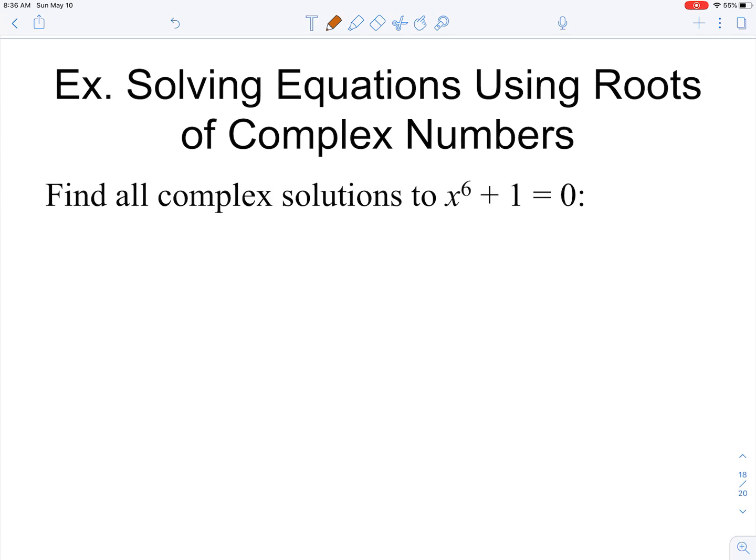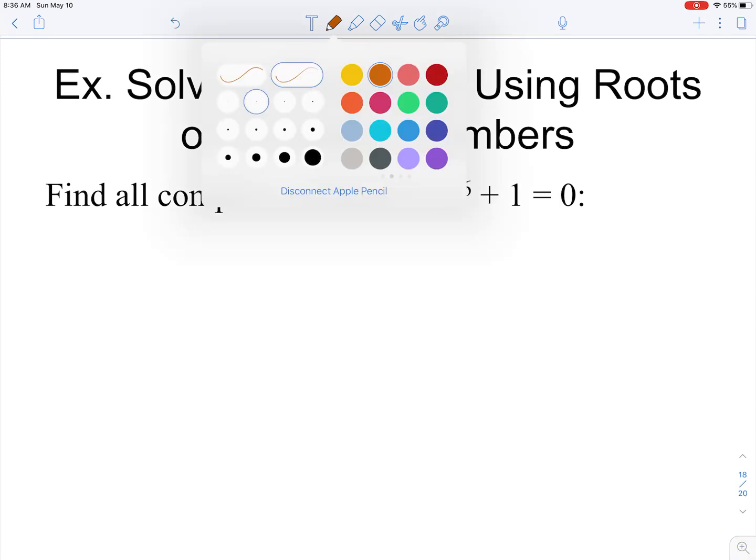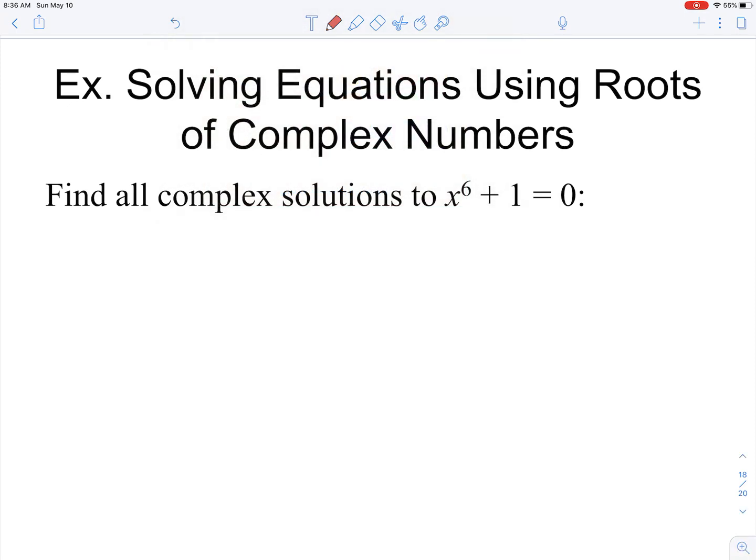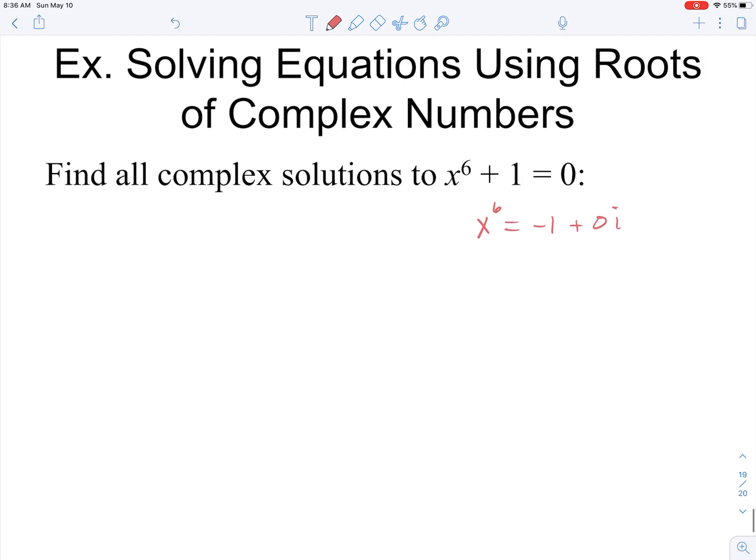All right, the last example here, we're going to come up with all of the solutions to the equation x to the 6th power plus 1 equals 0. So there's going to be, by the fundamental theorem of algebra, we know there's going to be 6 solutions here. Let's rewrite this equation as x to the 6 equals -1 plus 0i.